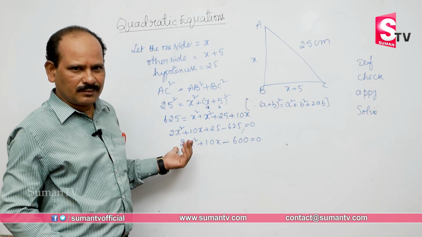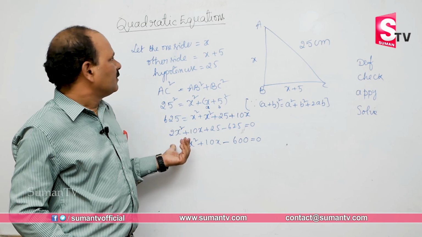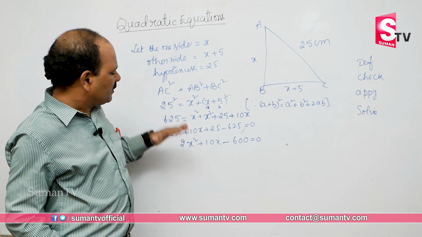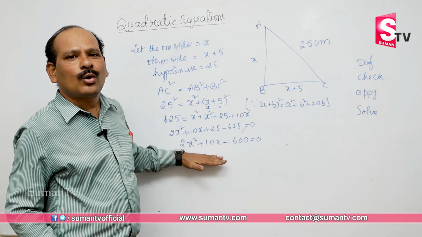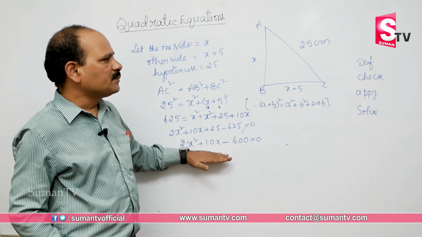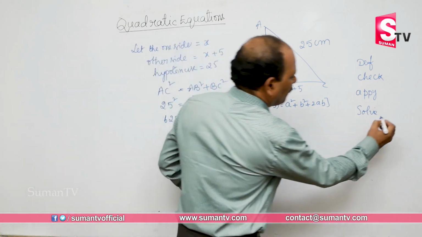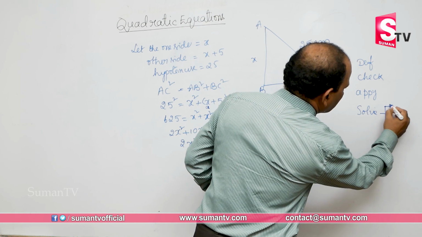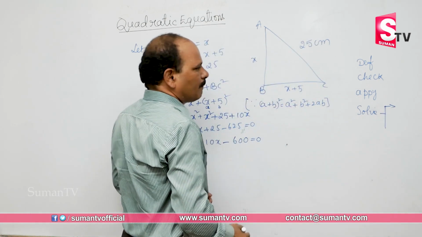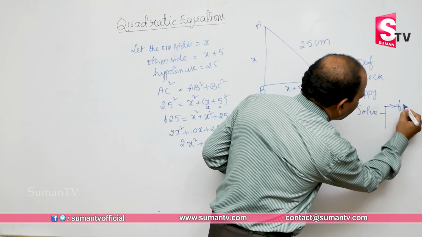Now we have reached the quadratic equation form. Like this, these problems can be solved by using the quadratic equation. Once we frame the quadratic equation, it can be solved by two methods. This is the final step, that is the solution of a quadratic equation. We can solve the quadratic equation by two methods. One is the factorization method.